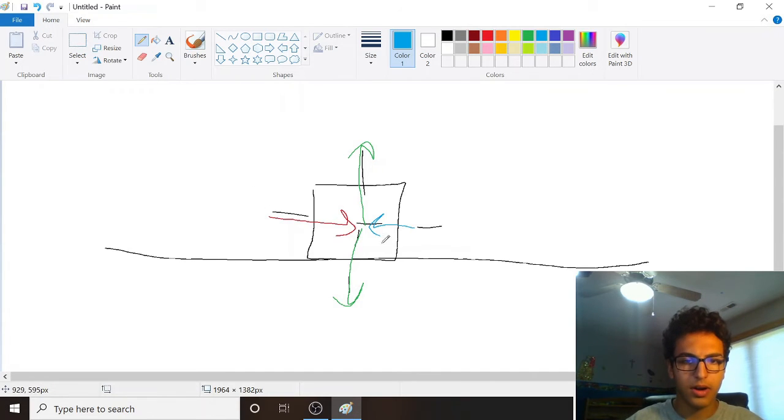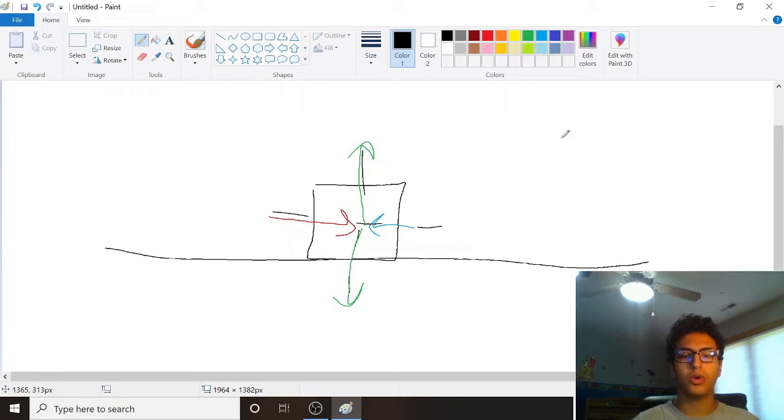Okay, so how's this gonna work? We know that the magnitude of this force is greater than the magnitude of that force. And we know that this is an applied force, so this has to be given. And we know here gravity and the normal force. So how do we find the frictional force?